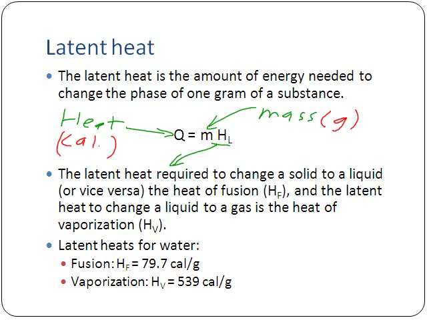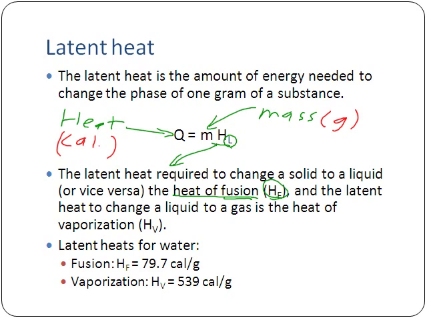If we're changing from a solid to a liquid or vice versa, this is called the heat of fusion. And usually instead of writing H_L, it's written as H_F, for the heat of fusion. So think of fusion and freezing together. That's what that one covers.